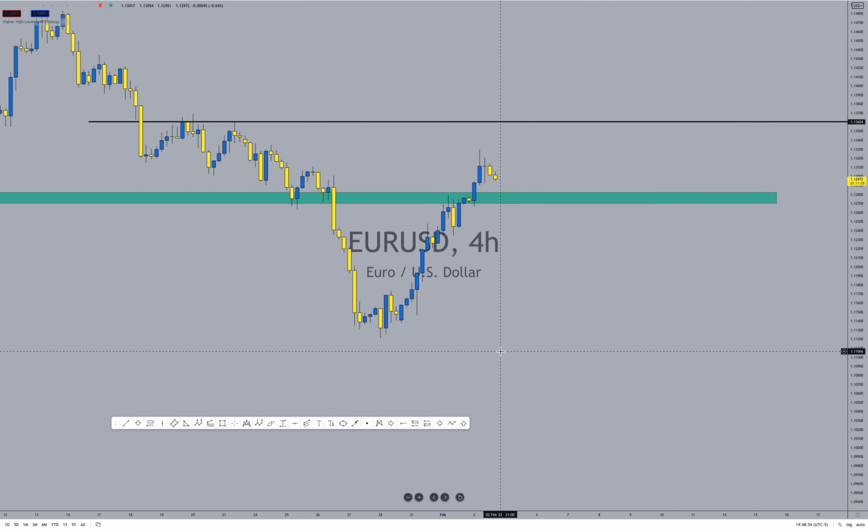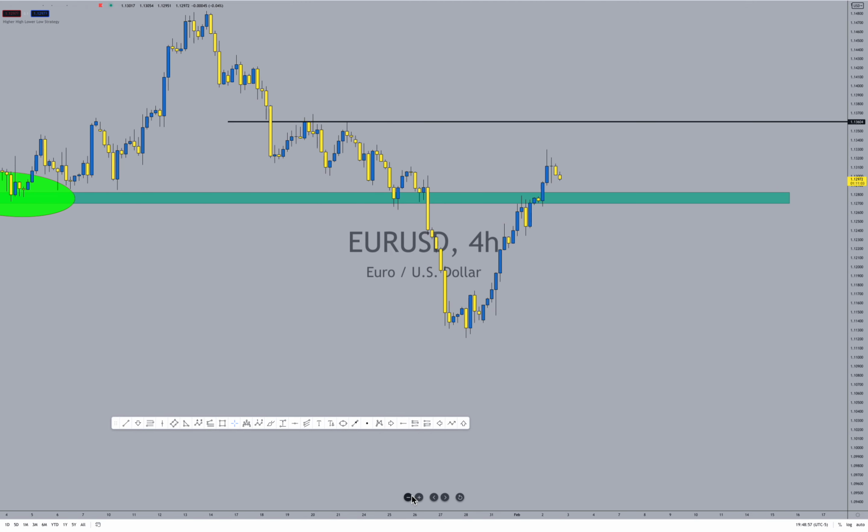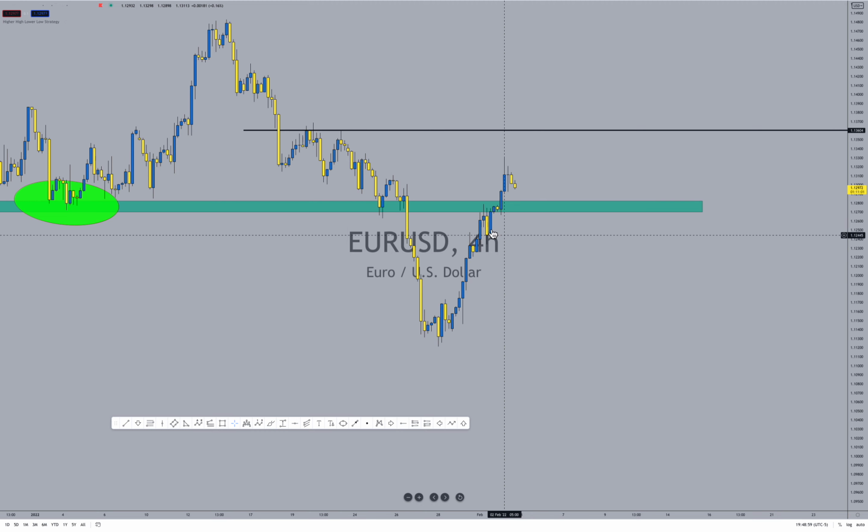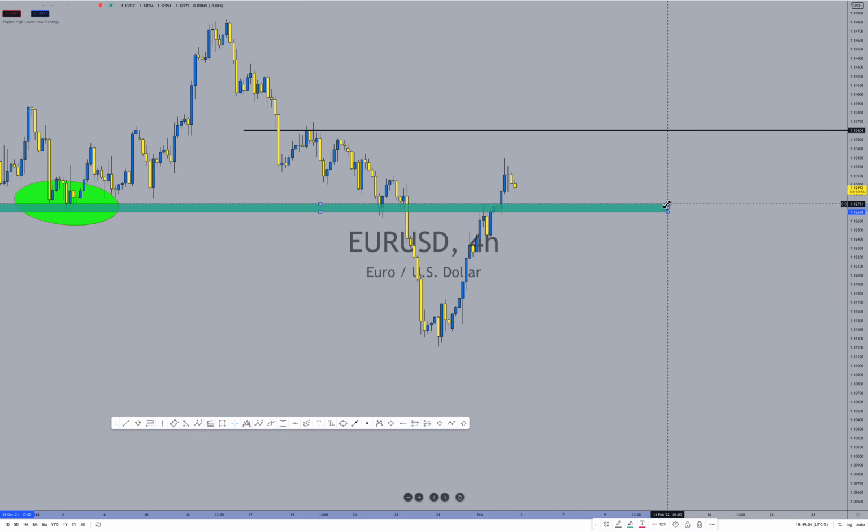So let us now take a look at our 4 hour chart. So clearly we had this resistance right here on the 4 hour, right? So we're looking for price to come back to this area here to retest, to push to the upside, right?